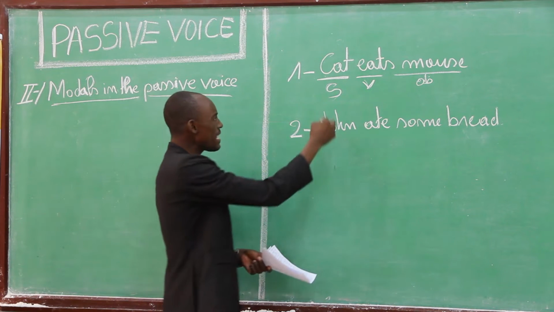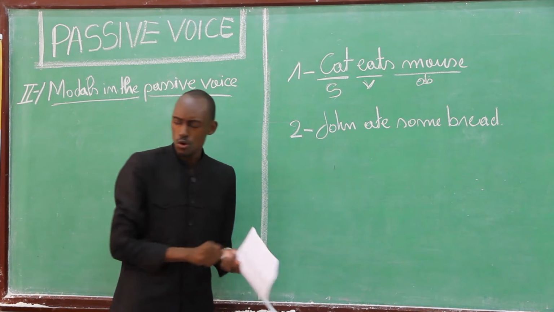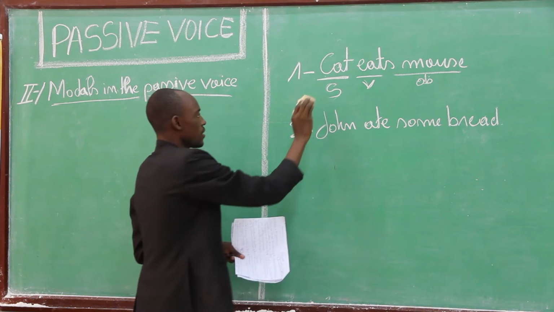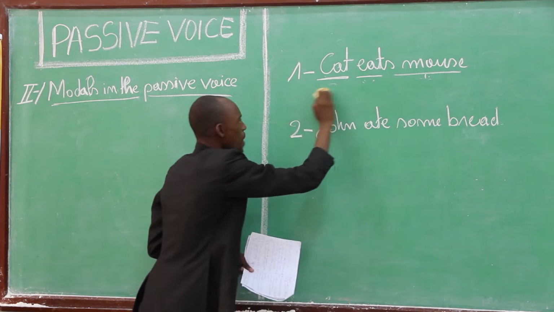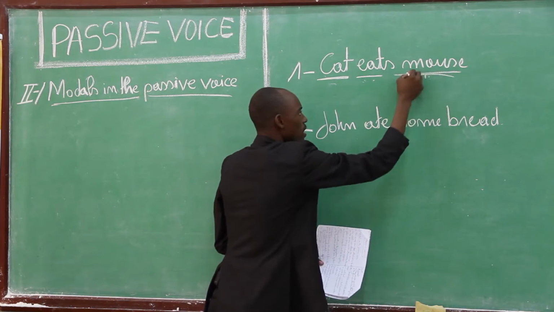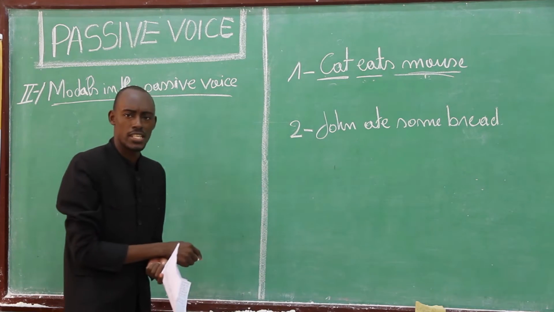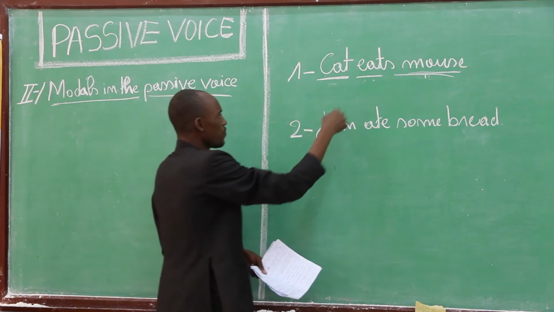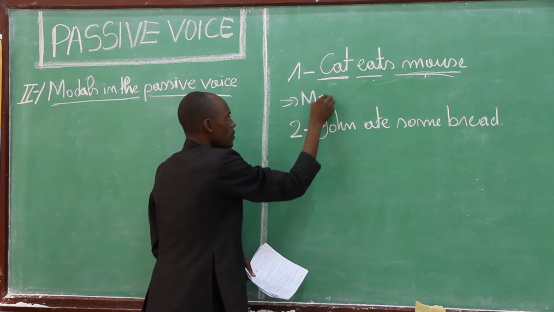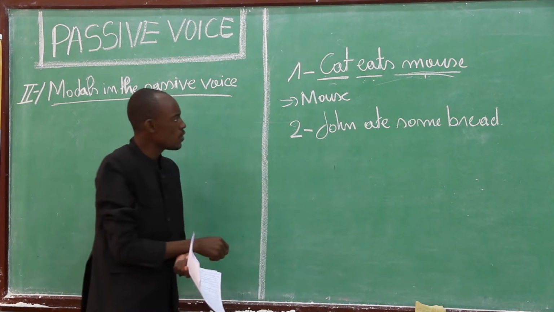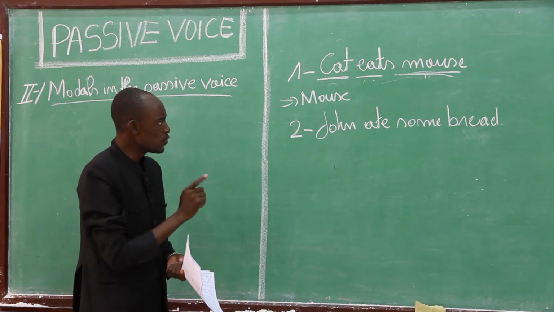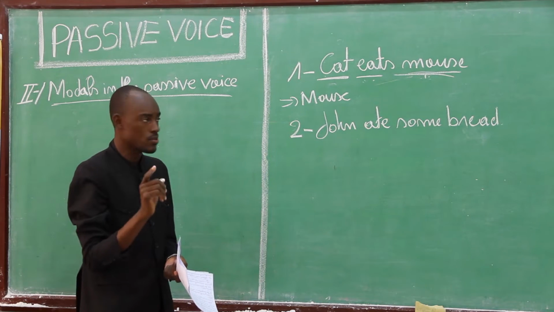Good. Now we can turn this sentence into passive voice. Yes, it is just the revision. In passive voice, the object, here we have mouse, becomes the subject, and we have mouse, and after the subject, we should use the auxiliary to be.